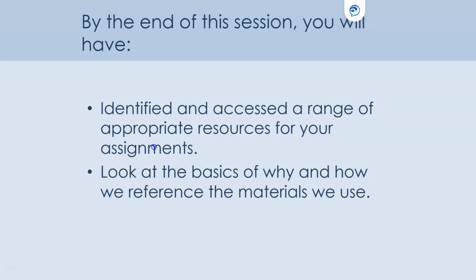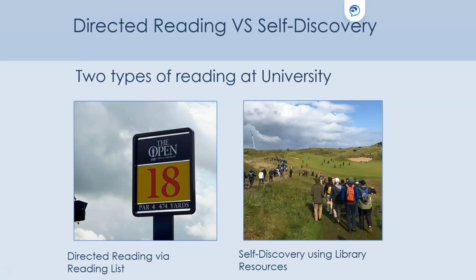Okay, here we go. First of all, I want to start to describe the different types of reading that you might do at university. What you might be used to is directed reading. This is where, in conjunction with the library, the academics have put together online reading lists for each of your modules, and these will help you get the information you need to understand and learn about your subject area.